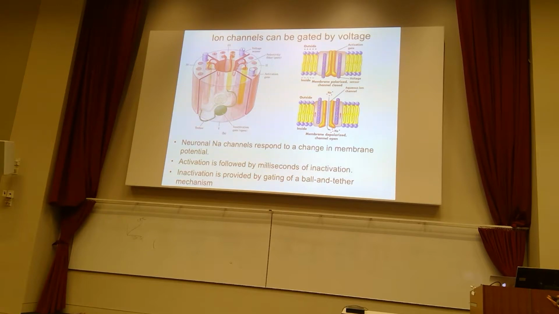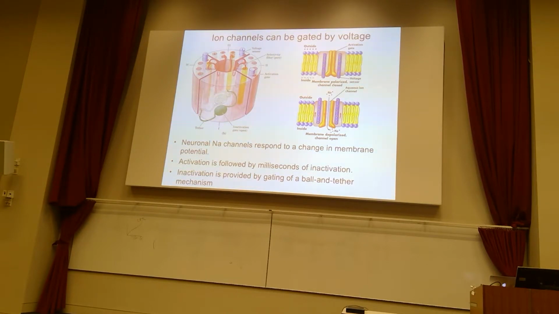And this is going to be responsive to this change in membrane potential. It's sitting there waiting for an electrical signal. And when that signal comes about, the inside of this channel opens up sufficiently to allow sodium to flow into the cell. And that actually serves to depolarize that neuron.